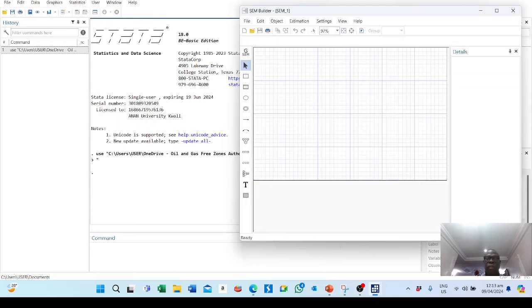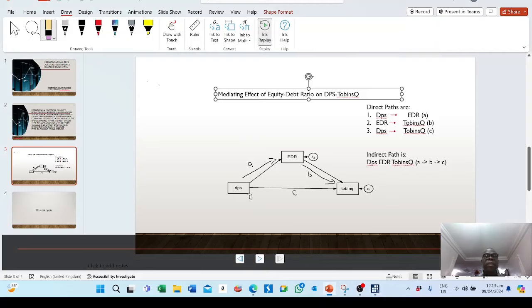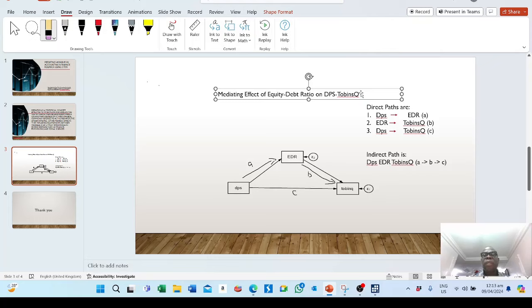Recall that we are looking at the mediating effect of equity debt ratio on the dividend per share TobinsQ relationship.